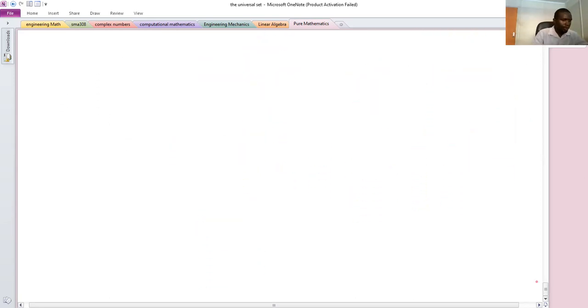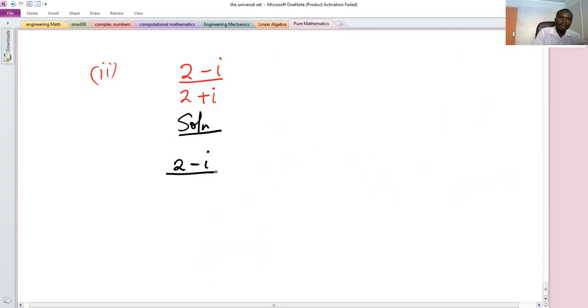so that the answer is in the form A plus Bi. Part 2, we have 2 minus i divided by 2 plus i. So you multiply both the numerator and denominator by the conjugate of the denominator. The conjugate of 2 plus i will be 2 minus i.